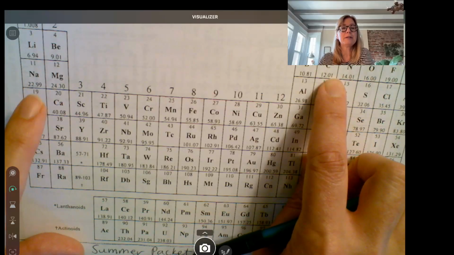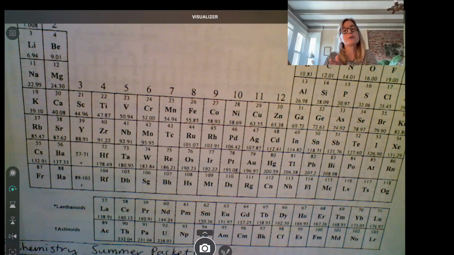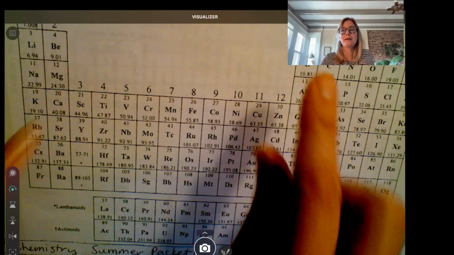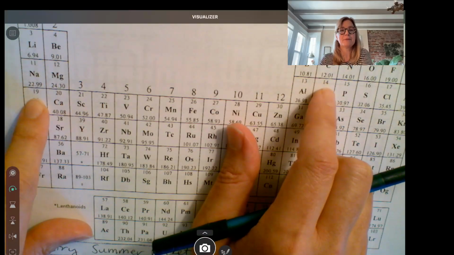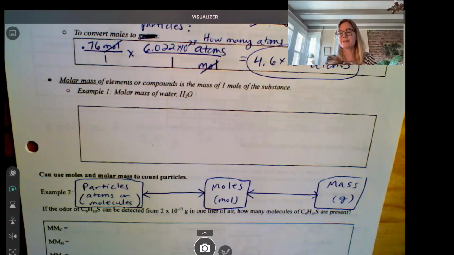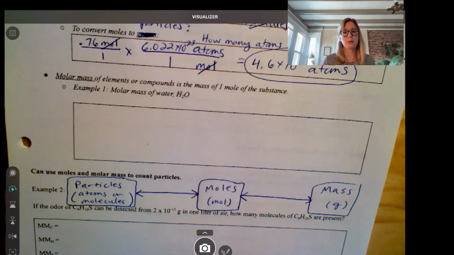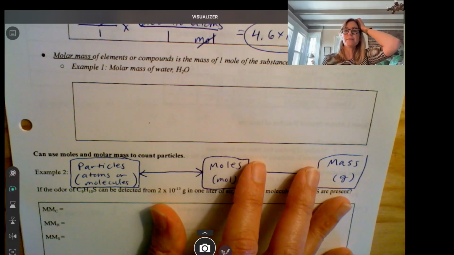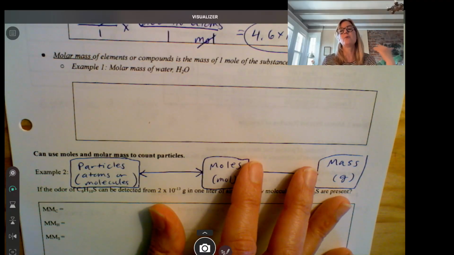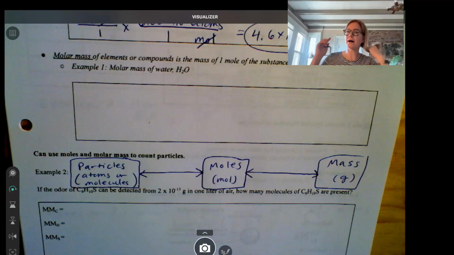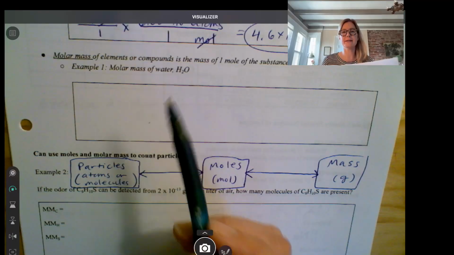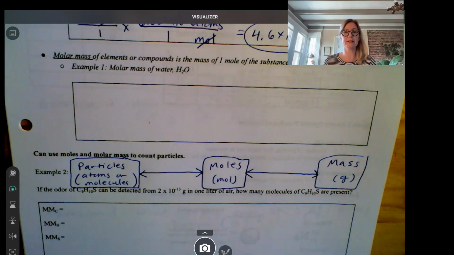A mole of carbon and a mole of sodium have the same number of particles, but the mass of a mole is going to be different because the particles have different masses. So molar mass is something that varies. It's not going to be a number on your formula sheet. So molar mass is the mass of 1 mole of the substance. So if we wanted to find the molar mass of water, what we would do is look on our periodic table.